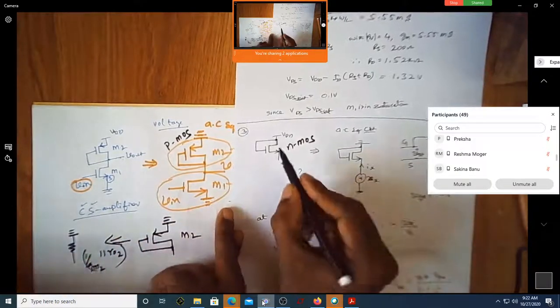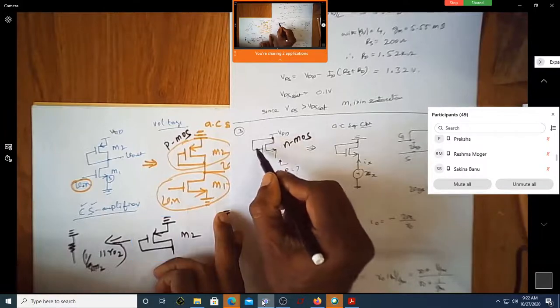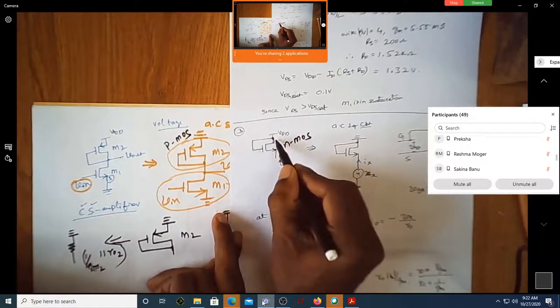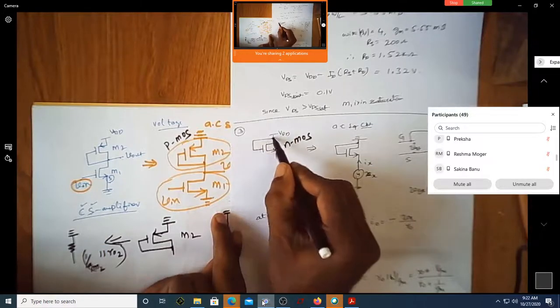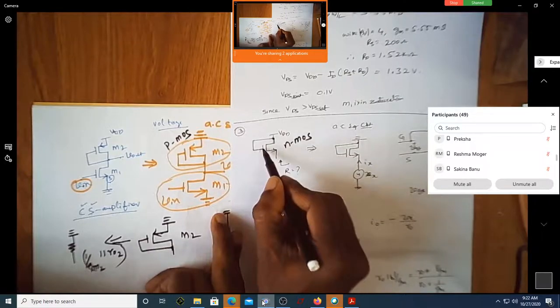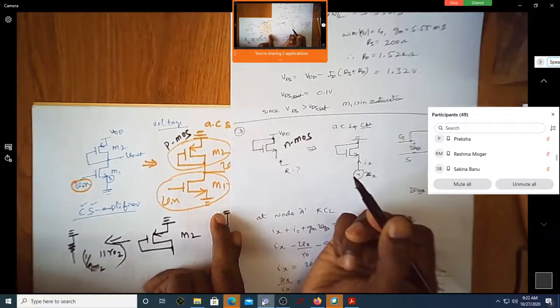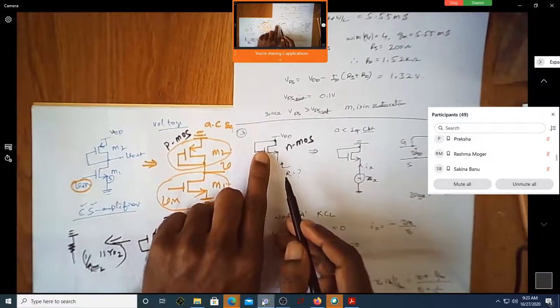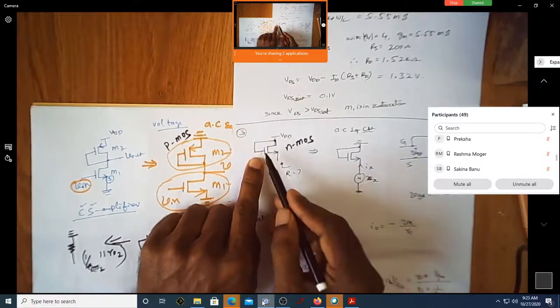But here can you see gate and drain are shorted? This is gate, this is drain. Are they shorted using this wire? Is it going to the same point? This is gate, no?